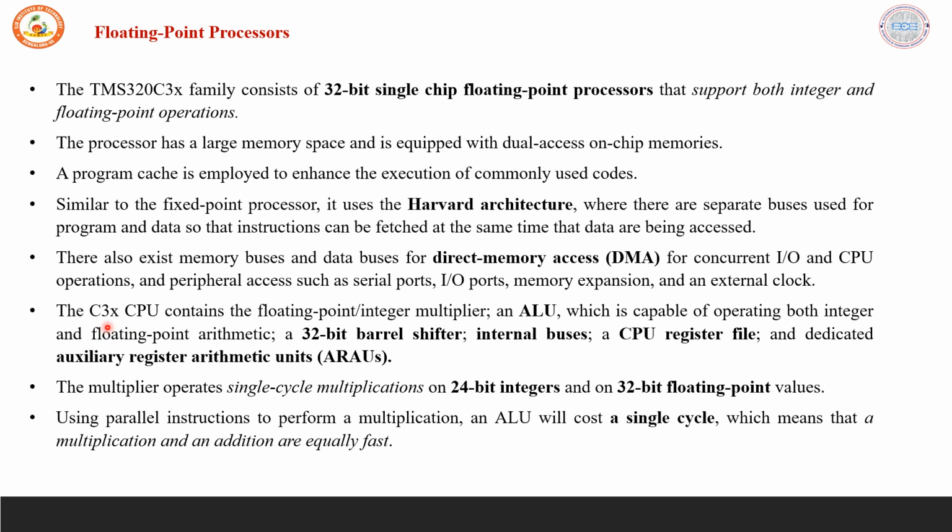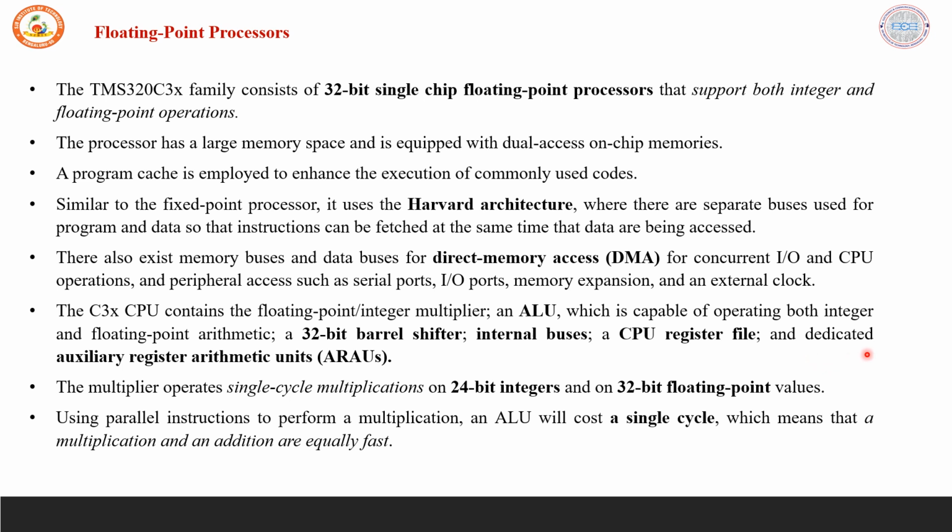The C3X CPU contains the floating point integer multiplier. It has an ALU which is capable of operating both integer and floating point arithmetic. It has a 32-bit barrel shifter which is going to speed up the shift operation. It has internal buses. It has a CPU register file which has a good collection of registers.